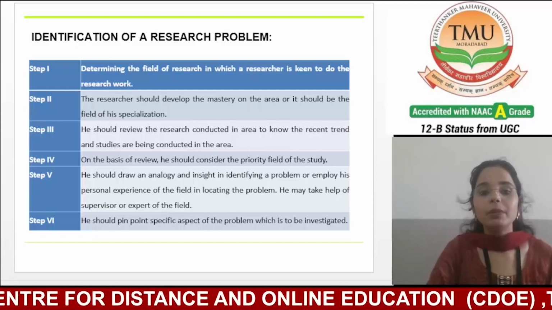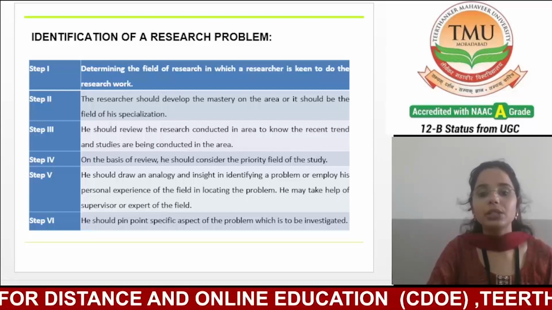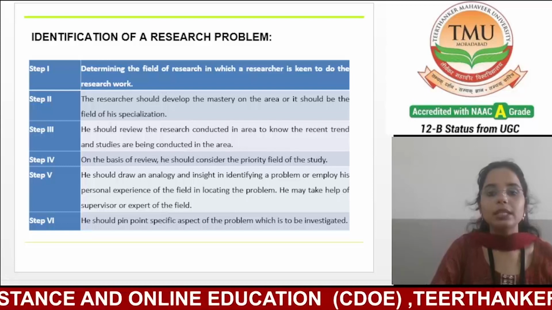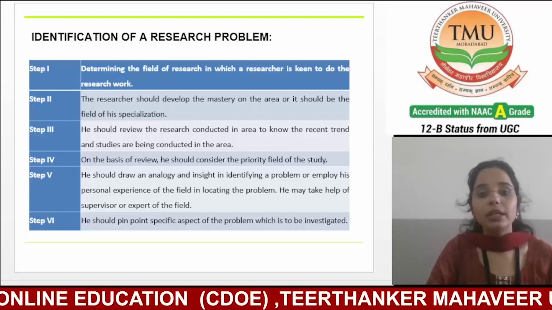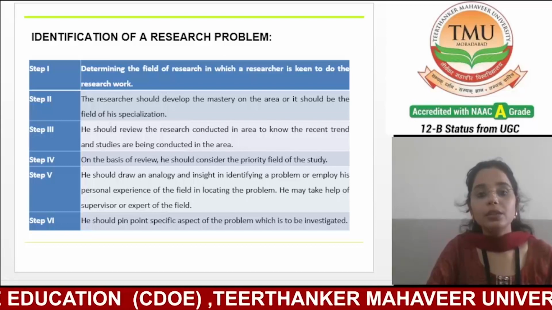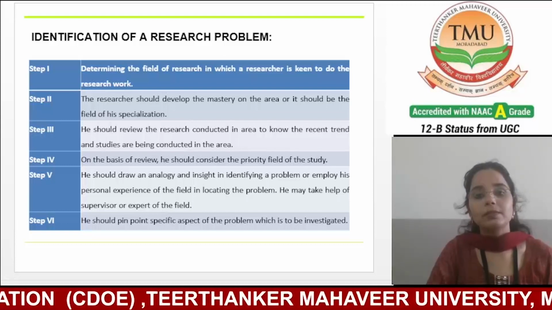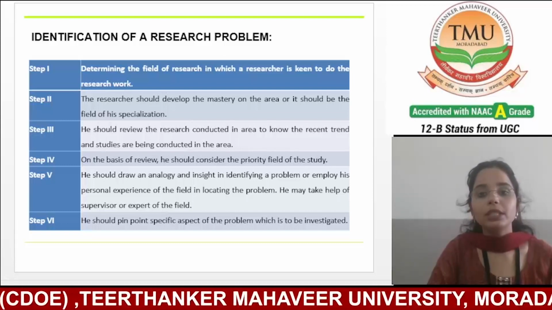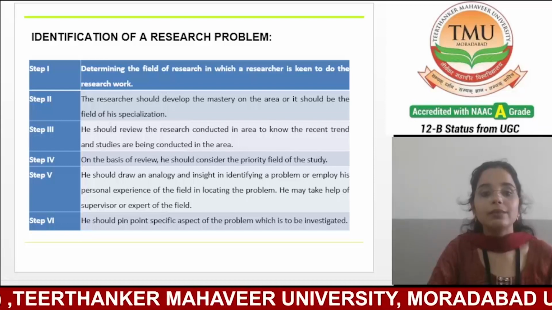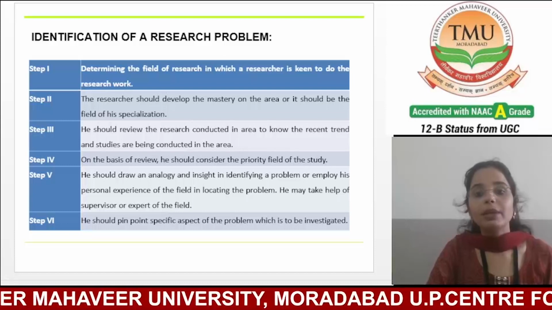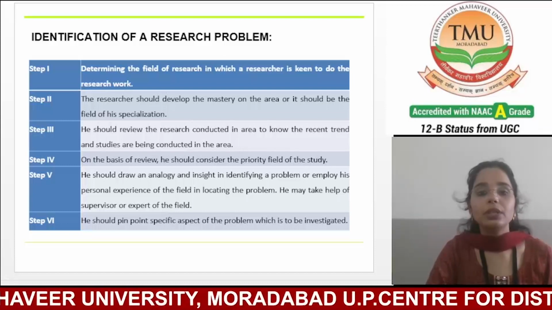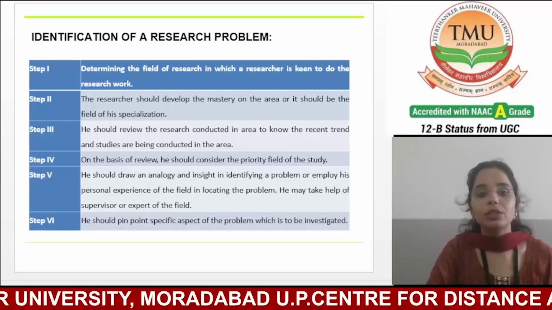And a comprehensive review of the existing literature is very essential to understand what has already been studied, and to identify gaps in knowledge. By reviewing the previous studies, the researcher can assess what questions remain unanswered, what methodologies have been used, and how their research can contribute something new.